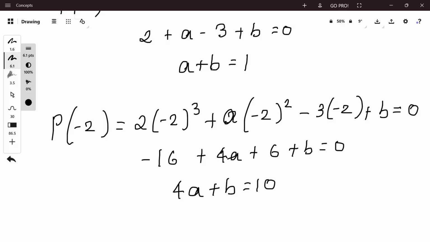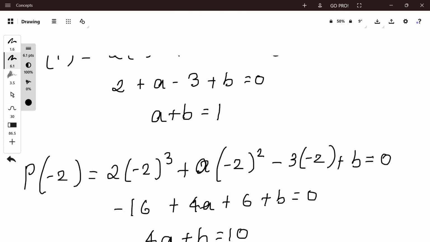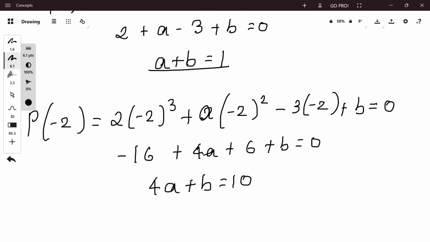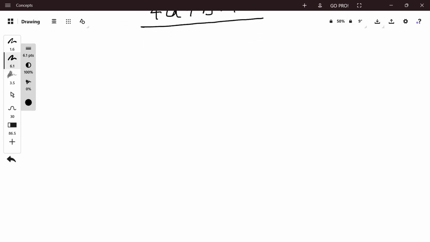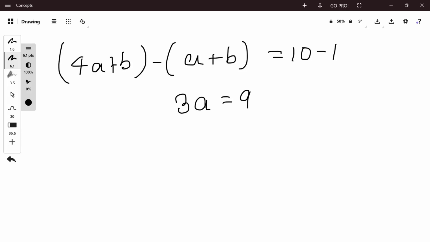We have two equations. a plus b is equal to 1 and 4a plus b is equal to 10. Subtracting the first equation from the second, that is 4a plus b minus a plus b is equal to 10 minus 1, that is 3a is equal to 9, that is a is equal to 3.